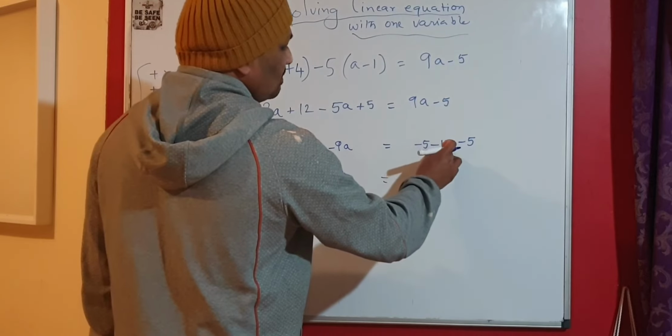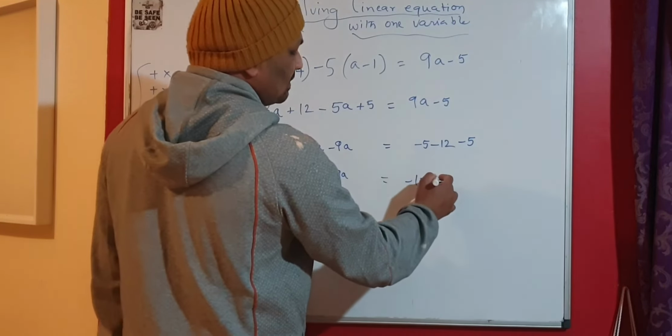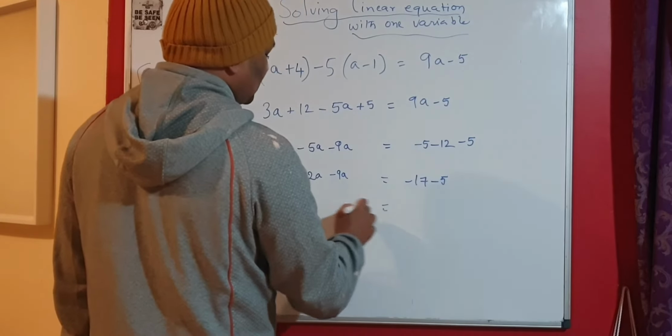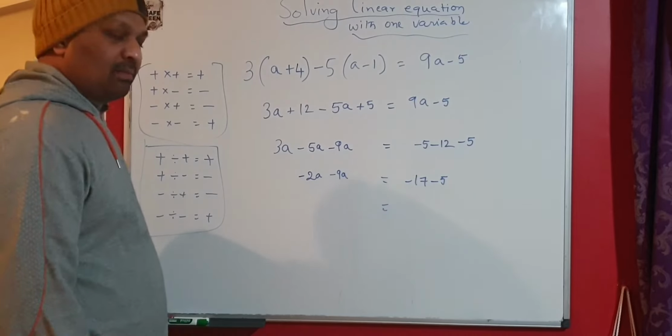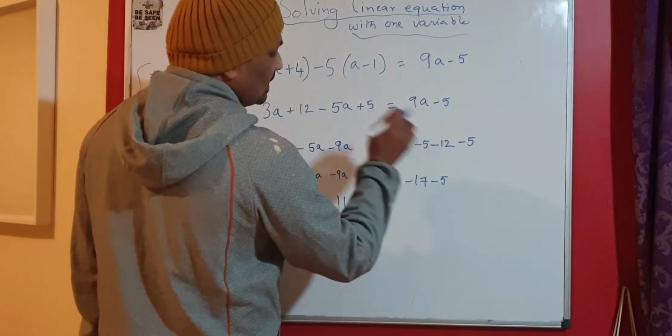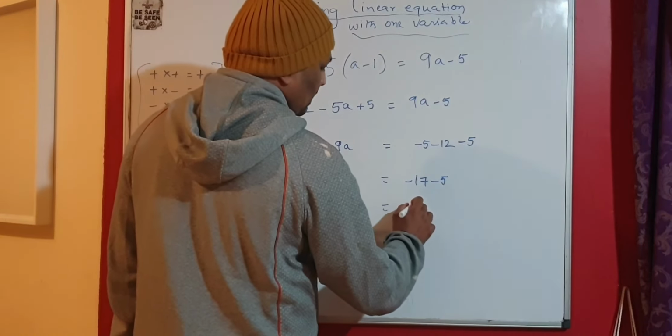And minus 5 minus 12 is minus 17, and minus 5 is still here. If you further simplify, minus 2a minus 9a becomes minus 11a, and minus 17 minus 5 becomes minus 22.